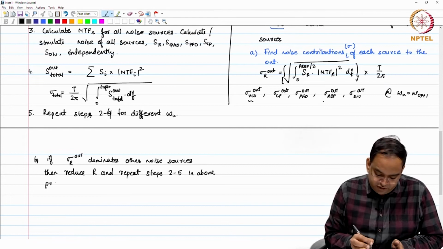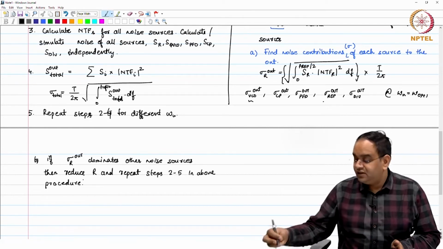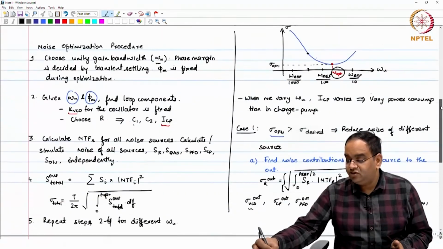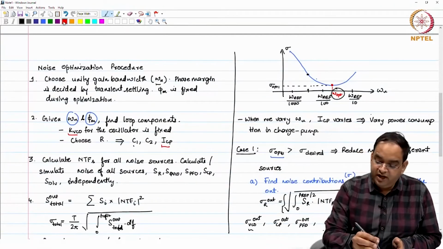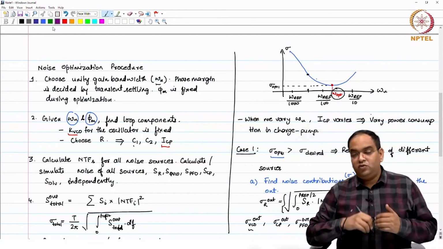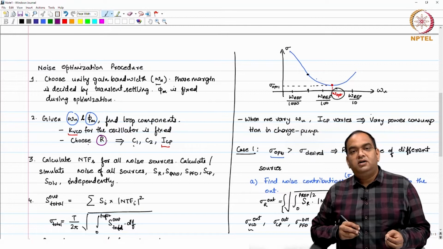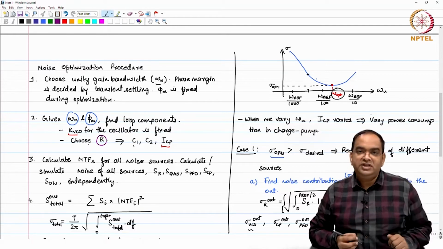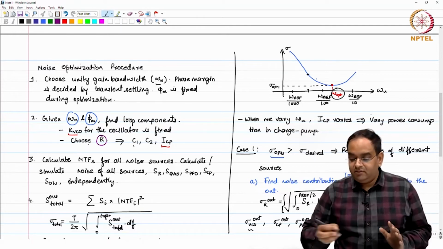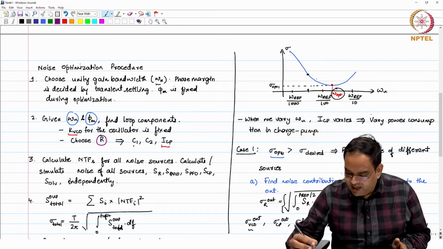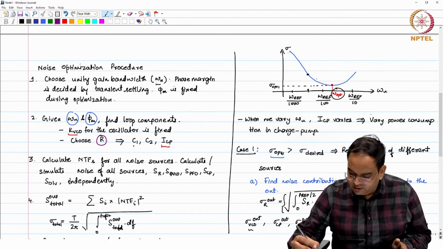If your resistor noise has dominated the output noise and you choose a different value of R, that means you are going to get different values of C1, C2 and ICP. You again plot the curve. It may happen that because you reduced the value of the resistor, resistor noise reduces.